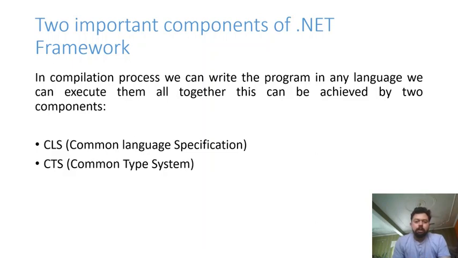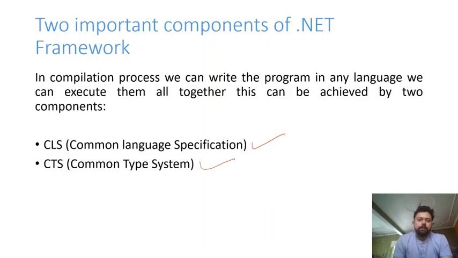They are very important in the compilation process, where we can write our program in any language, right? After writing the program in any language, we can execute them all together. This can be achieved with the help of two components, that is CLS and CTS.